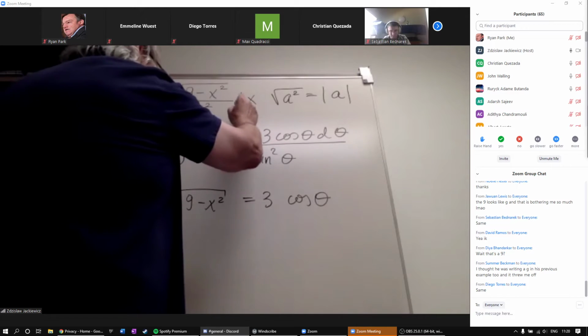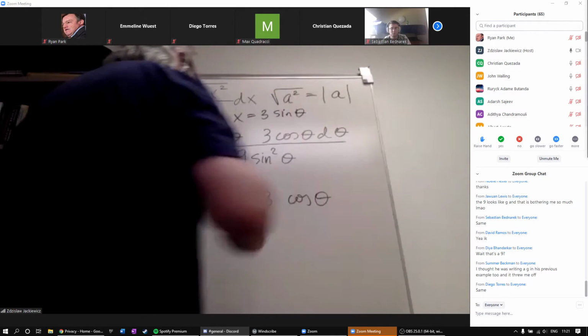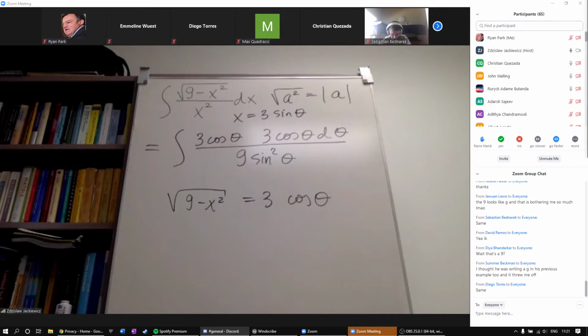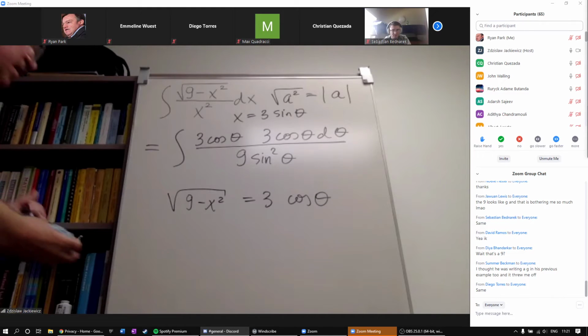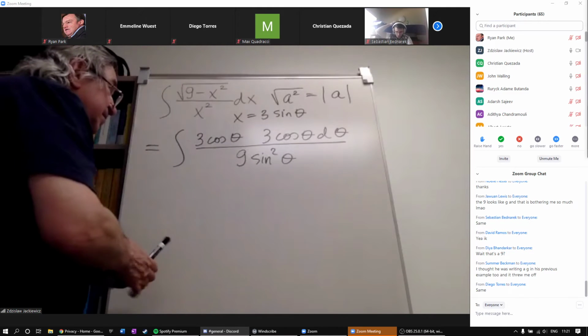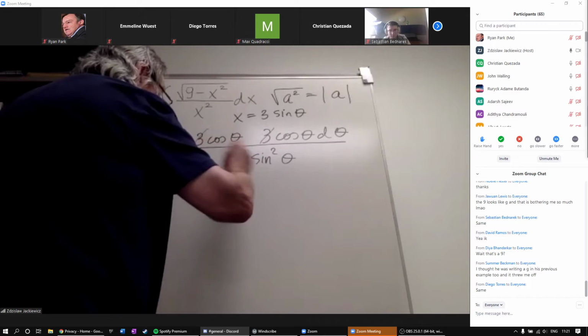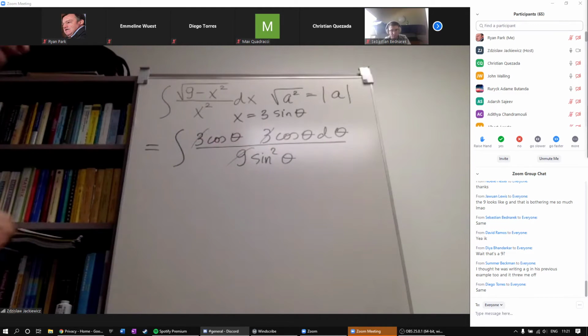Again, let me remind you, the substitution was x equals 3 sine theta. So we have 3 times 3 is 9, and 9 cancels. And so we have cosine squared over sine squared.